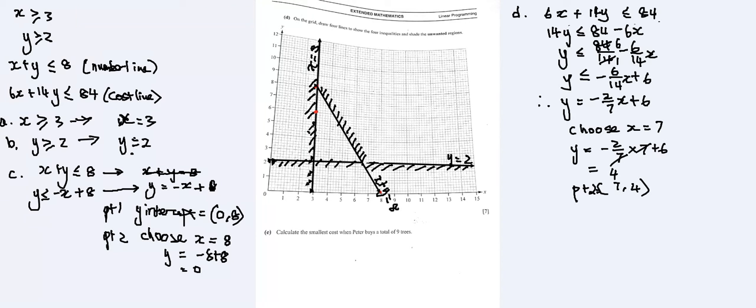Okay, let's go and mark point 2. X is 7, y equal to 4. Wait, it seems to be a problem. X equal to 7, y equal to 4 is somewhere here.